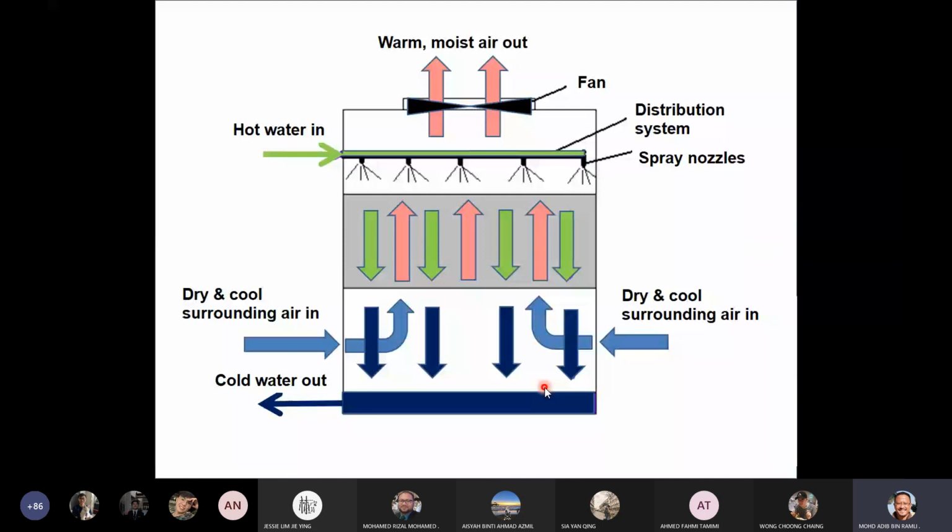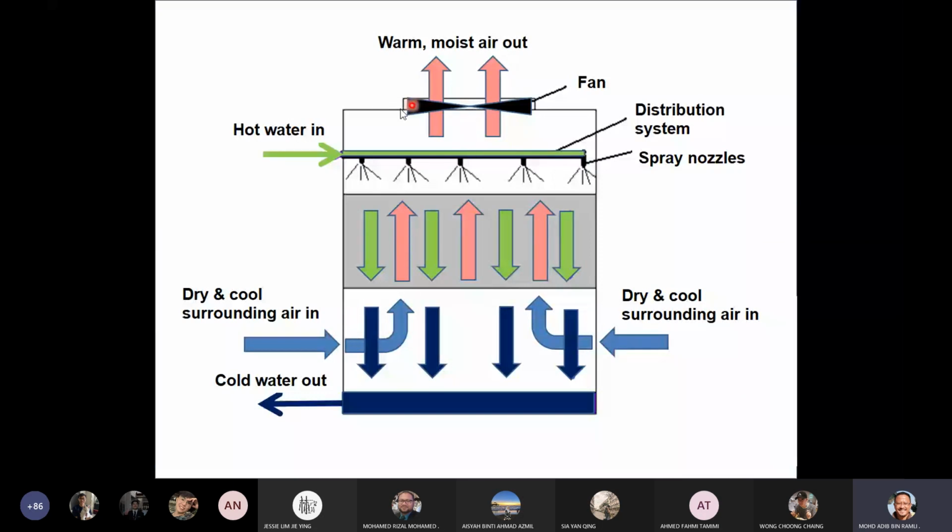This is what I was trying to explain earlier. This is hot water from the condenser or from the chiller. It gets sprayed down from the top, and the green arrow is the water. At the same time, the dry cool air is drawn from the opening at the bottom of the cooling tower.